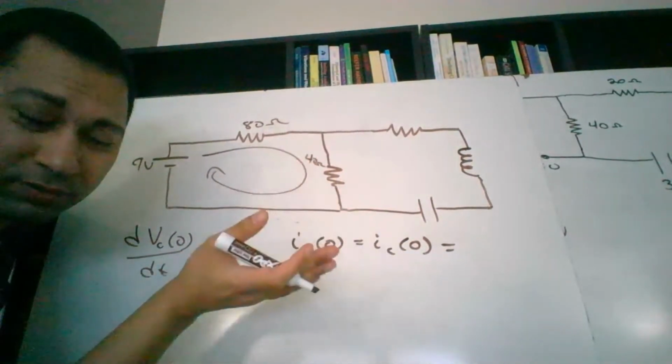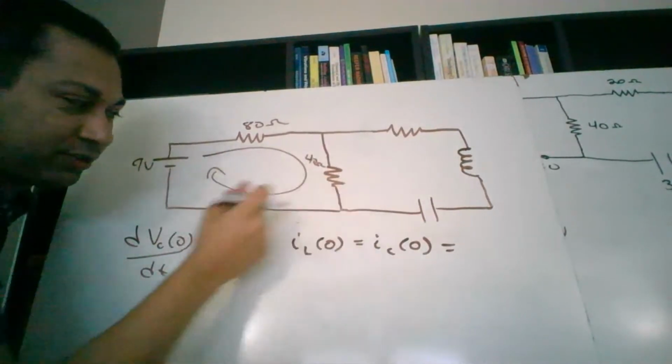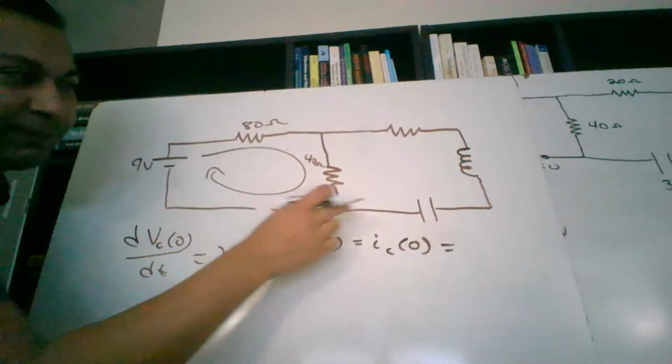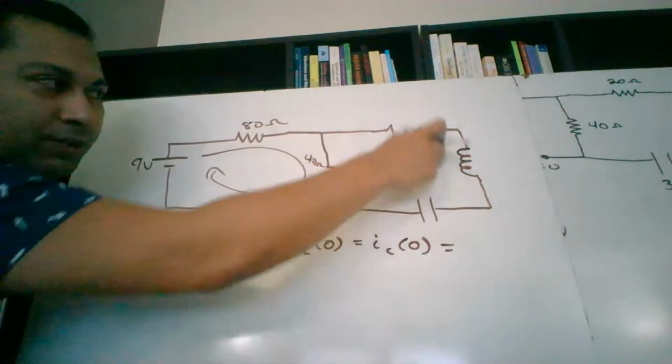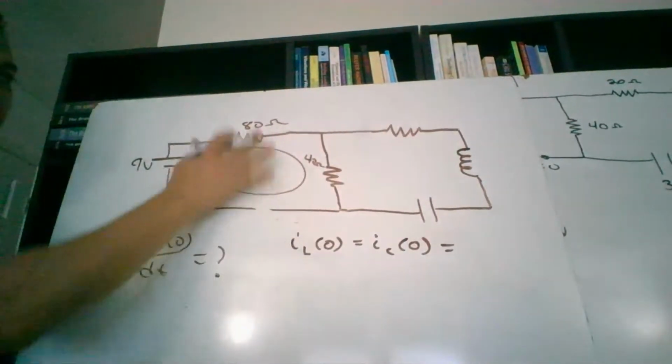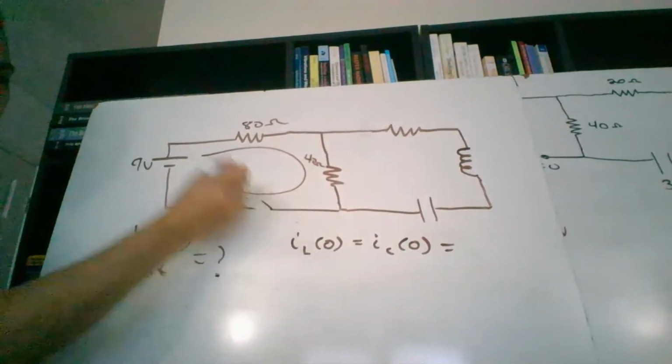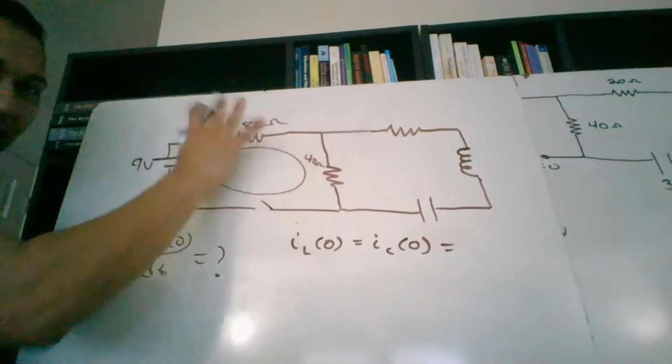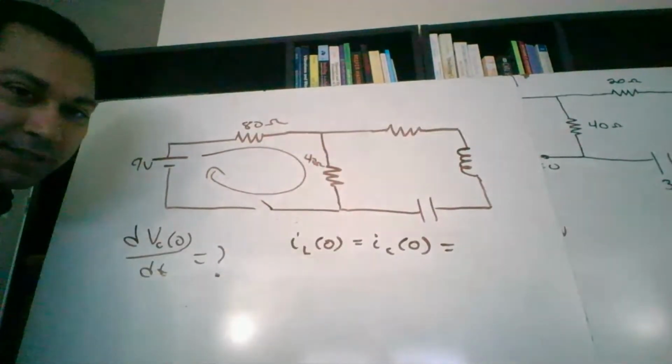So when you open the switch, then you only have this part of your circuit, because this thing is open. You don't care about this anymore. Once this switch is open, nothing's happening here. It's all what's going on here.